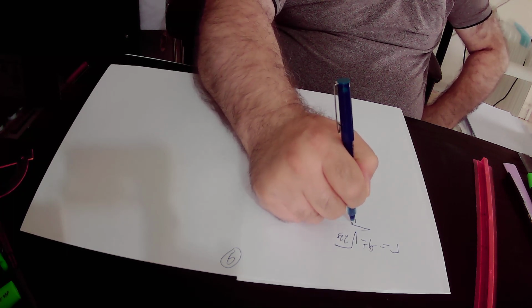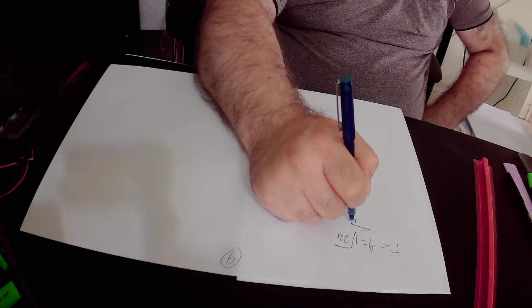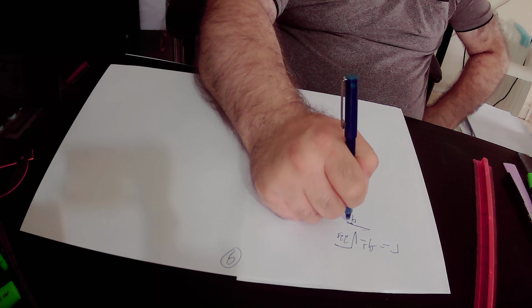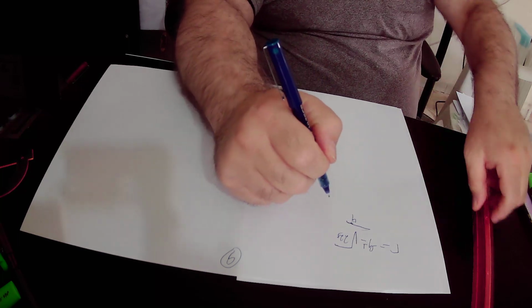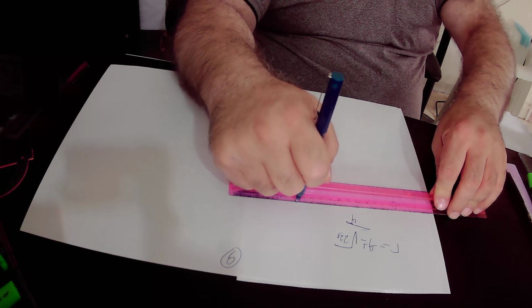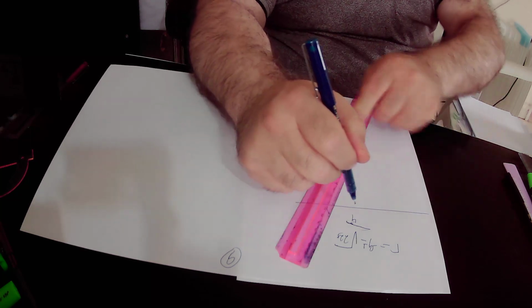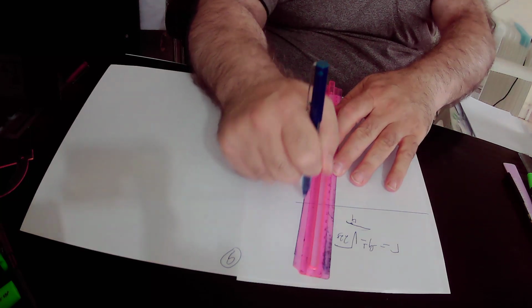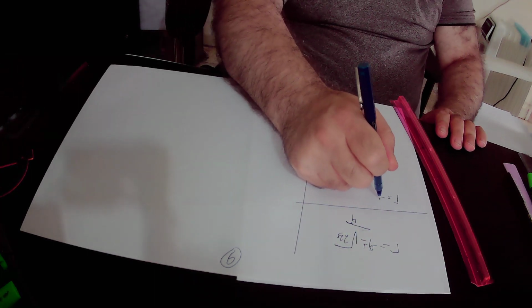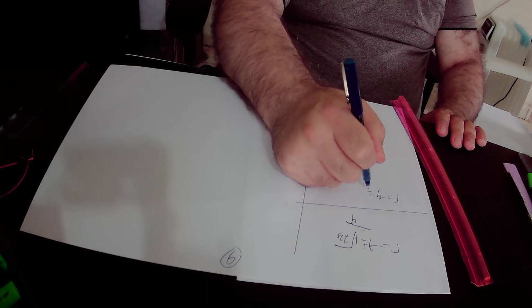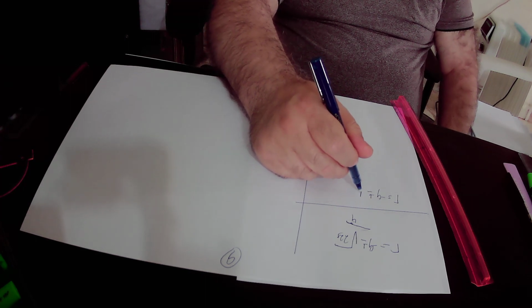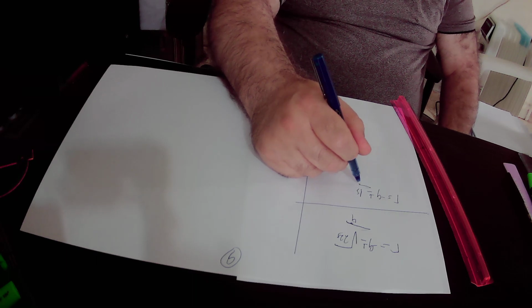So here we have two solutions that are possible for r. Here we got that r equals minus 9 plus minus the square root of 225, which is 15, over 4.